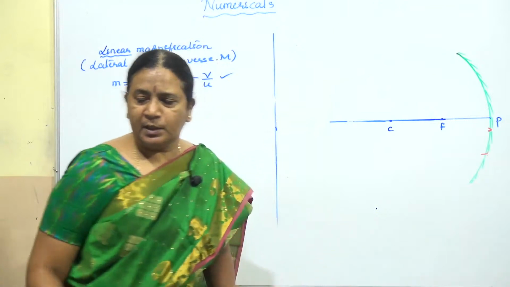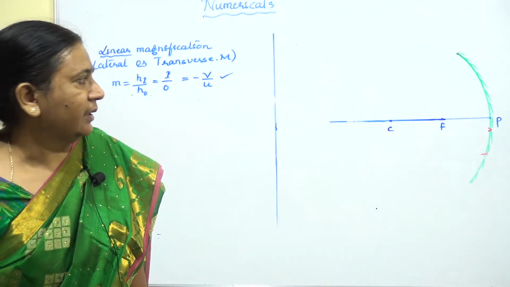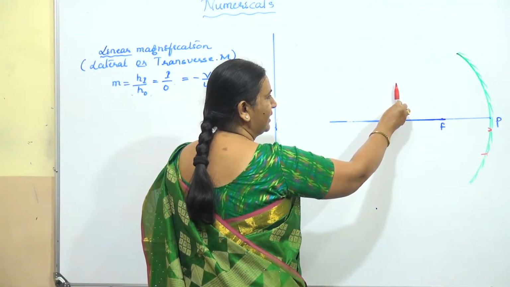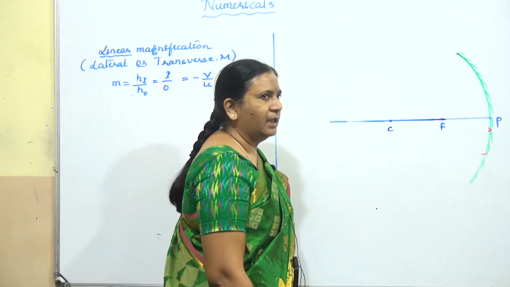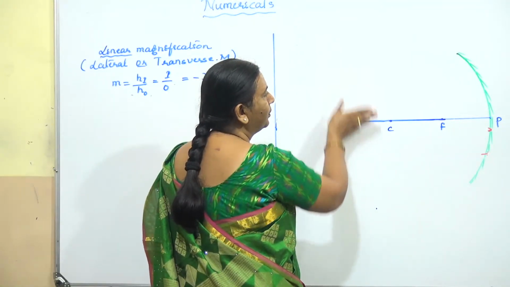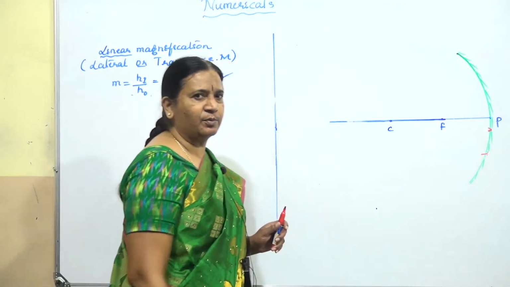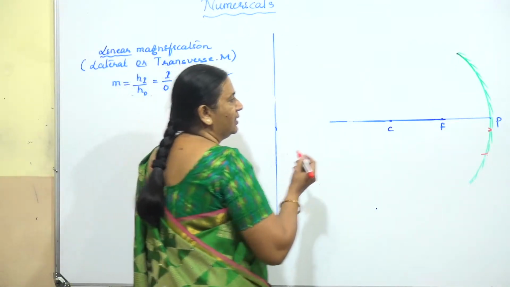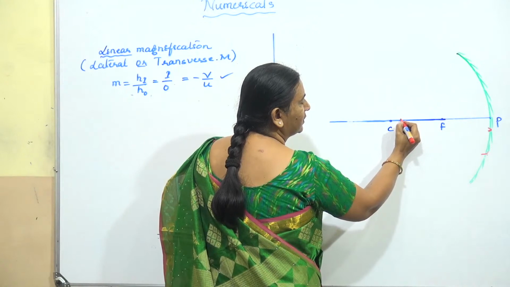Well, suppose you are having a concave mirror, and instead of keeping a linear extended object like this or a frame like this, you are keeping something which is in the plane of this board itself, along the axis.